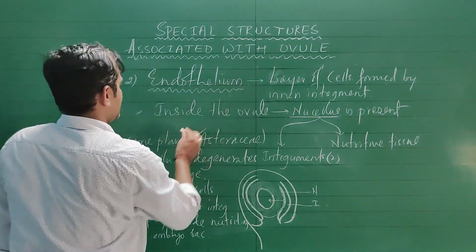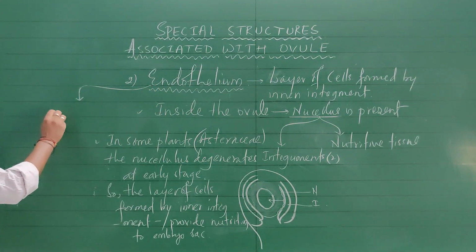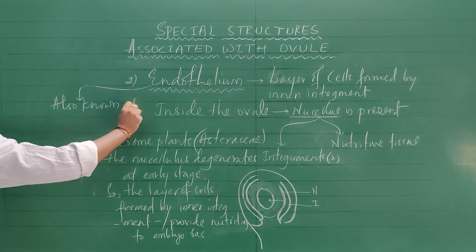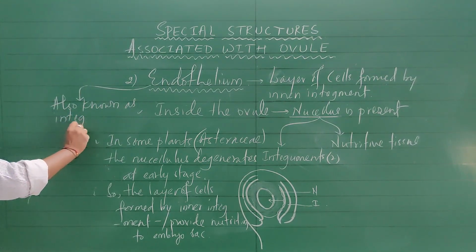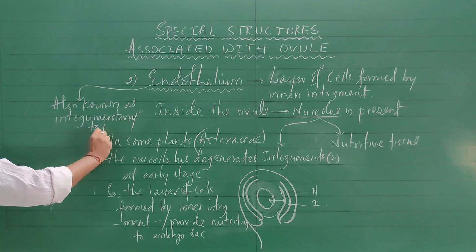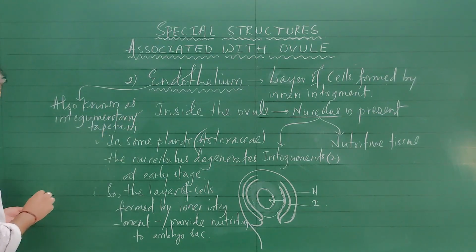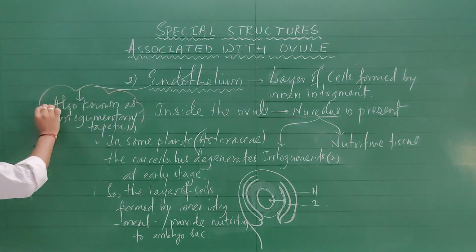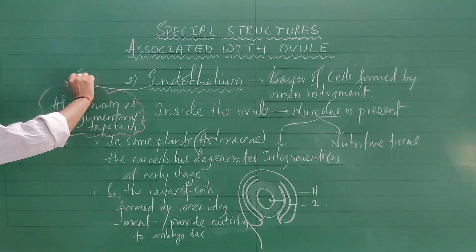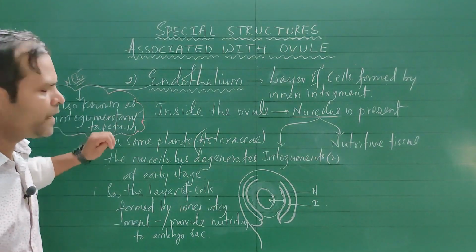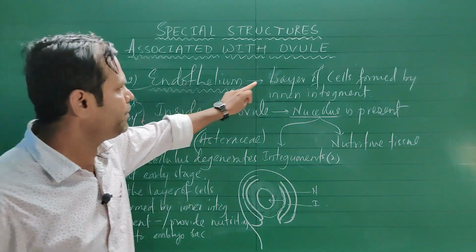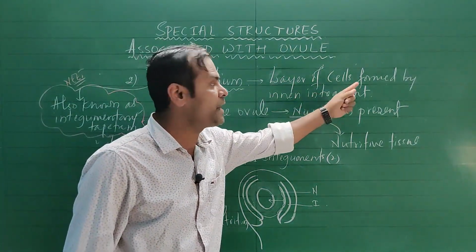Hence, this endothelium is also known as integumentary tapetum. You can expect this question for NEET also. So, which layer is integumentary tapetum? Endothelium. What is endothelium? Layer of cells formed by inner integument.